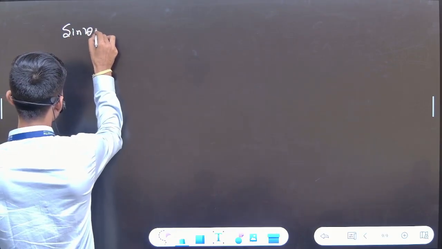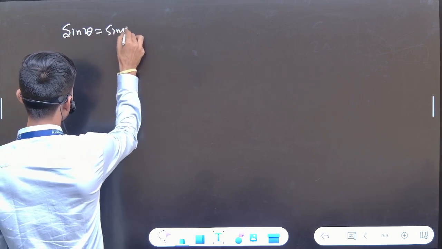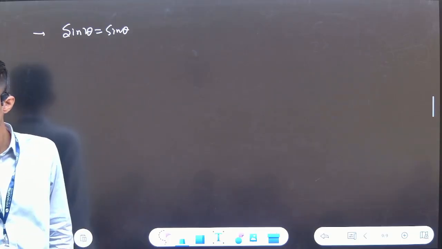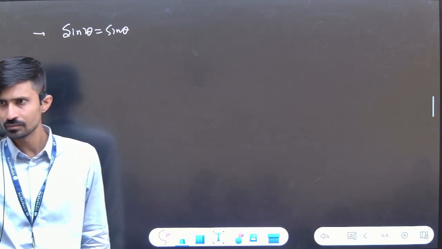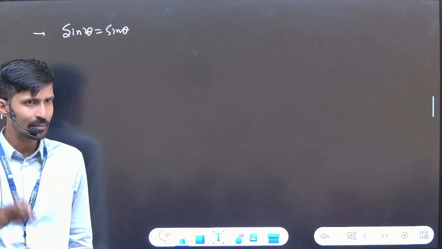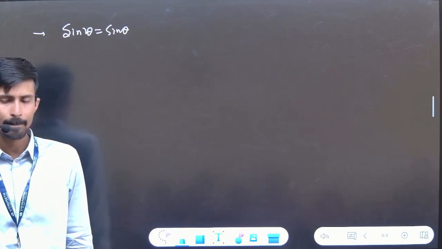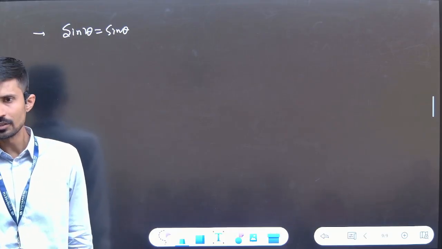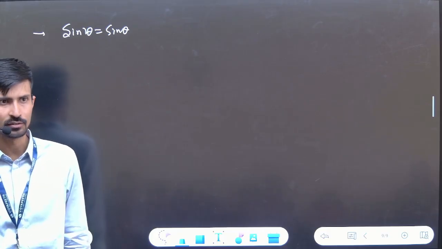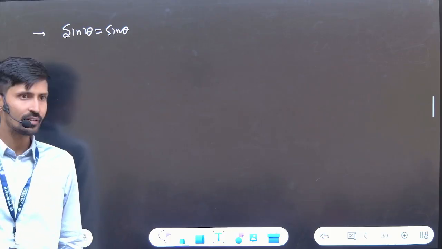Sin 2 theta is equals to sin theta. Angles are different or not? Angles are different, so we need to make our angles the same. So tell me, will you reduce 2 theta to theta, or theta to 2 theta? Higher will reduce to lower.